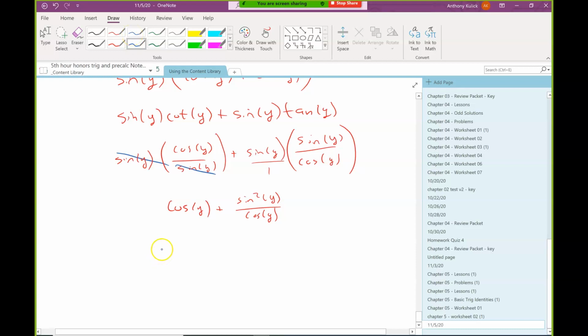So I have to multiply the first piece by just cosine over cosine. So there's my single fraction now.